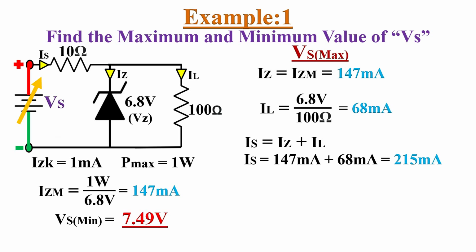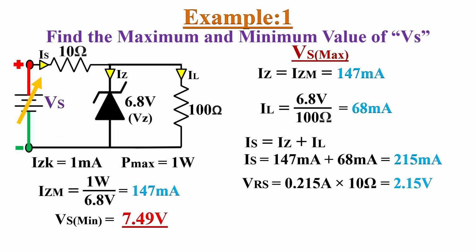Now the voltage drop across this series resistor, VRS, equals the source current of 215 milliamperes multiplied by the resistance of 10 ohms. That gives 2.15 volts drop across this 10 ohm resistor.